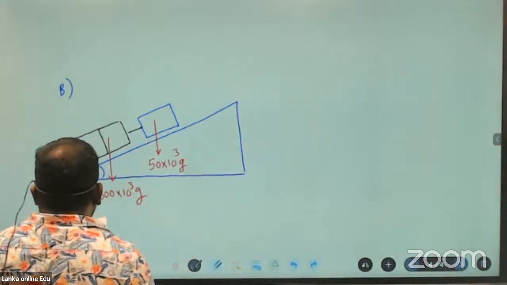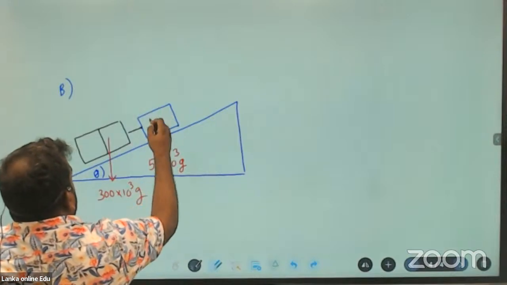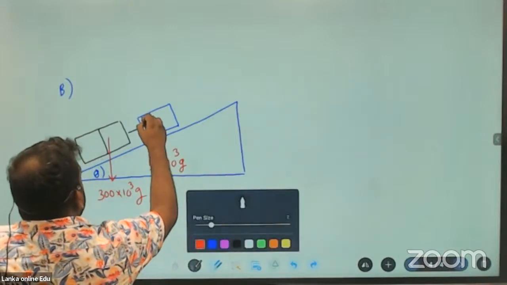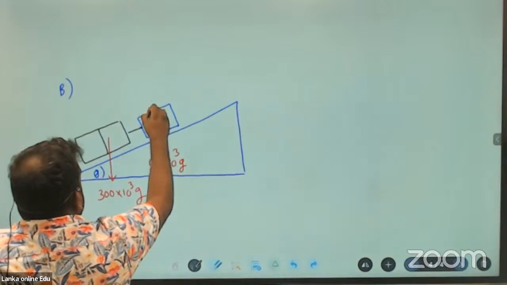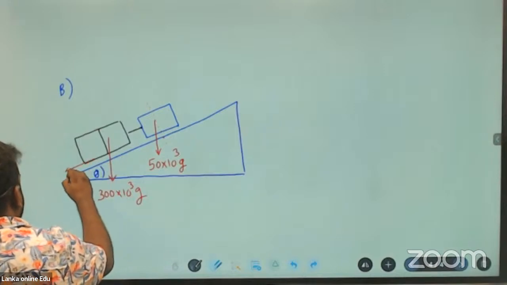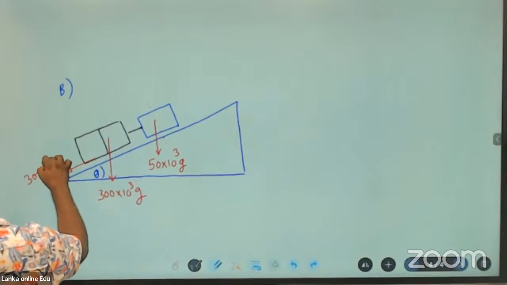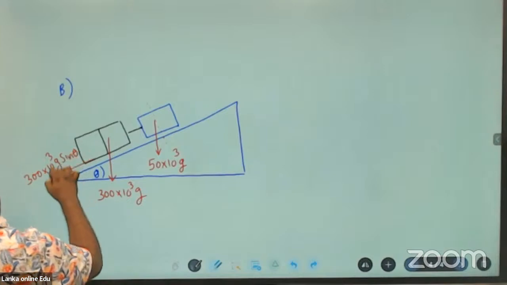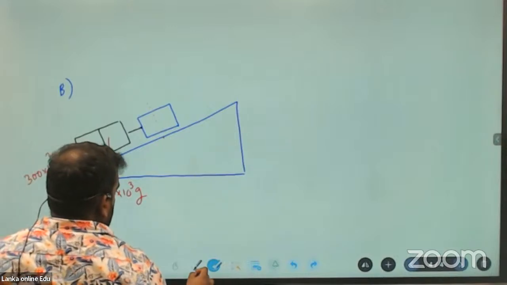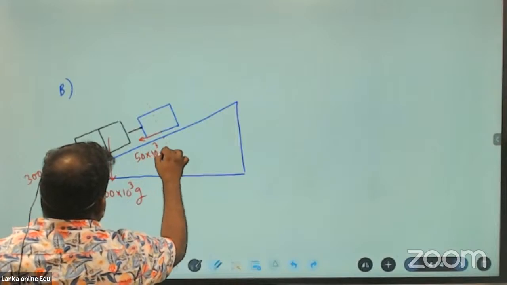Take components along the plane, very important. First the sine components, down the plane: 300 10 to the power 3 g sine theta, and 50 10 to the power 3 g sine theta.